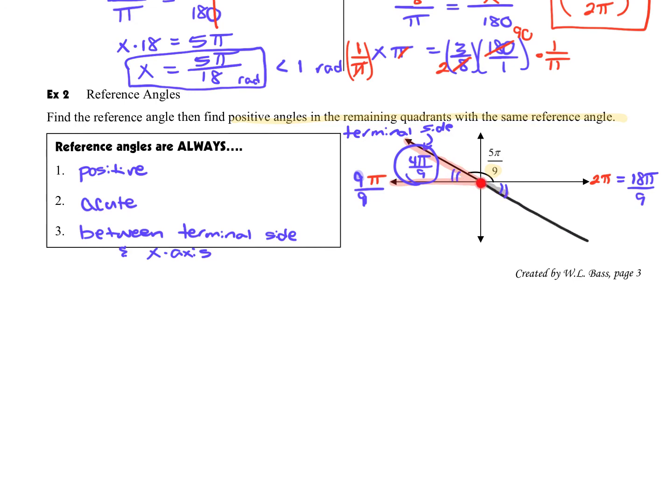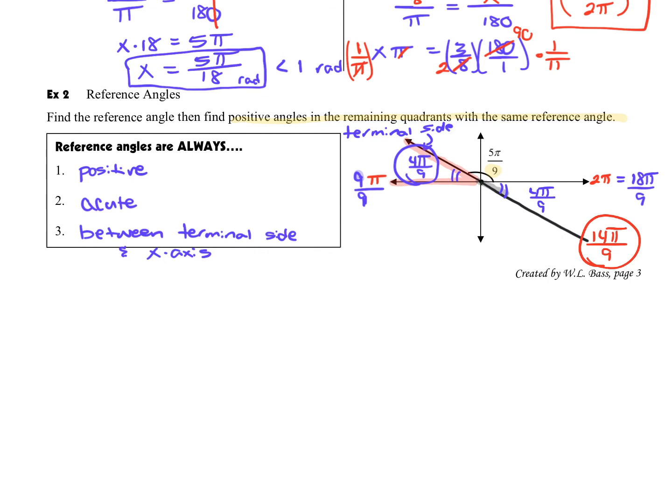So now I've got vertical angles, so this angle here is 4 pi over 9. So if I rotated all the way around, I'd get to 18 pi over 9. But I want to stop 4 pi over 9 before I get to the end. That means that I've rotated 14 pi over 9.